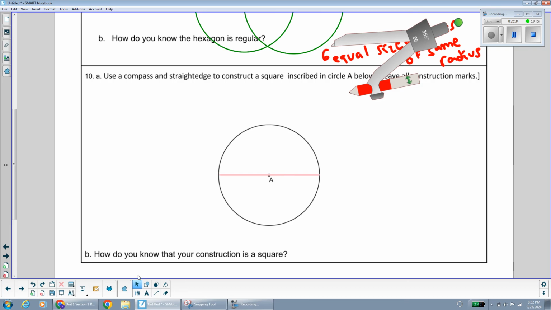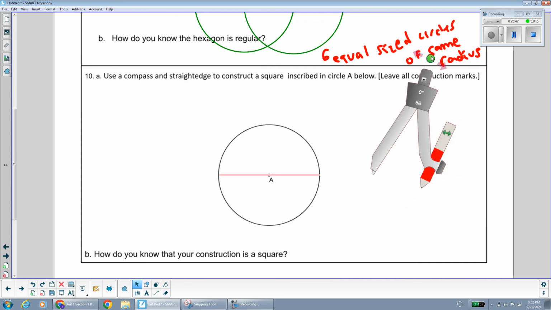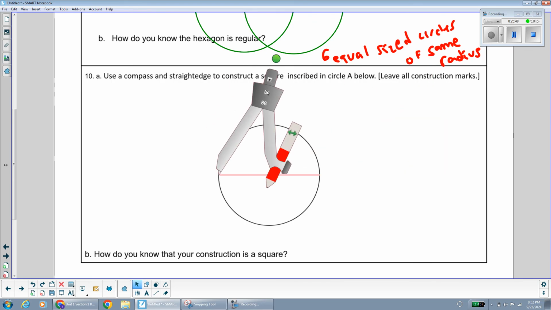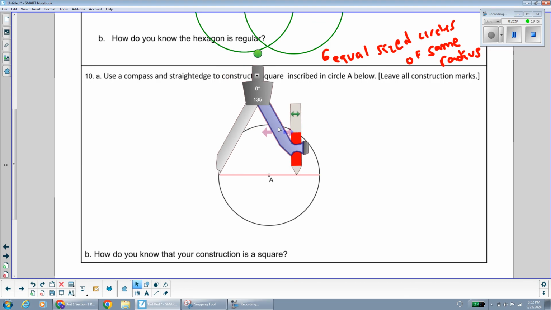There we go. Now that I drew in a diameter with my straight edge, that diameter is one of the diagonals of our square. And remember, diagonals of a square are both congruent and perpendicular. So I'm going to perpendicular bisect this. That's the construction that makes sense if we're going for congruent and perpendicular.